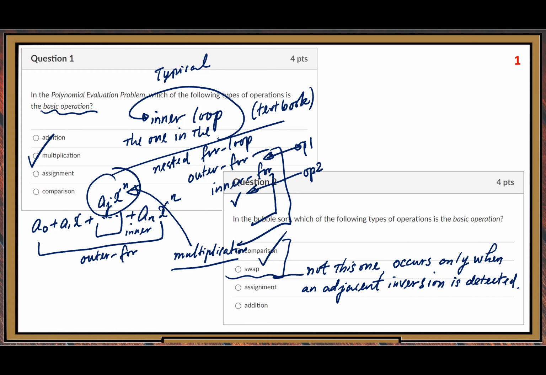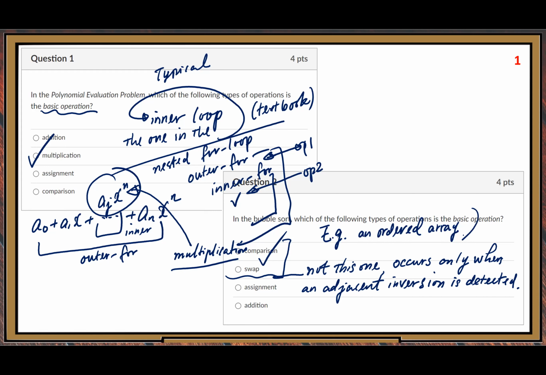Now think about an ordered array as an example.